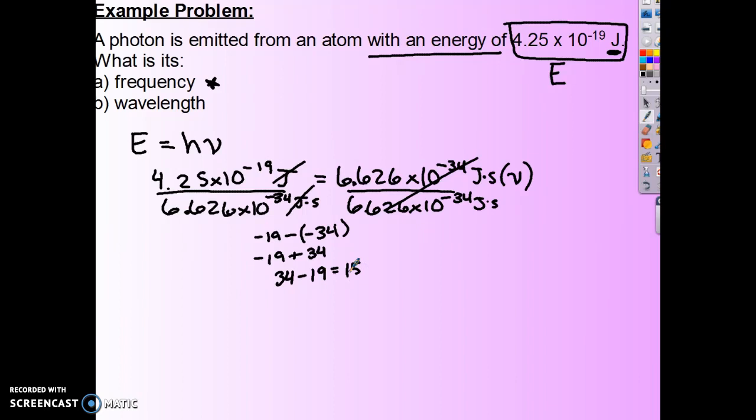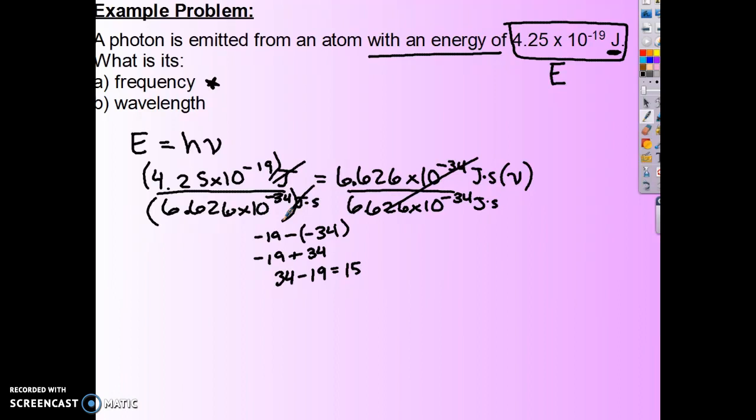So we can go ahead and calculate that. We can do that with lots of parentheses, like I said before, so that we don't mess up our calculator's understanding of what we're trying to do. 4.25 times 10 to the negative 19th divided by 6.626 times 10 to the negative 34.